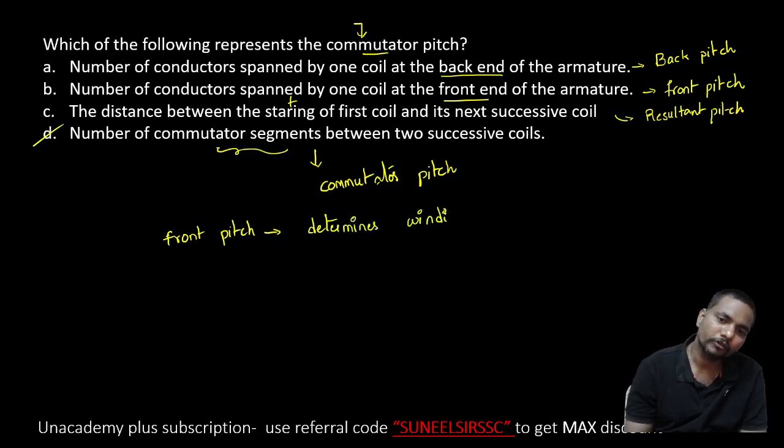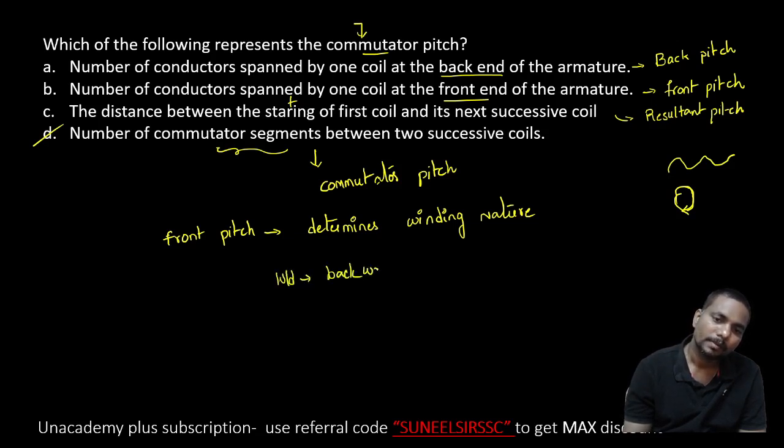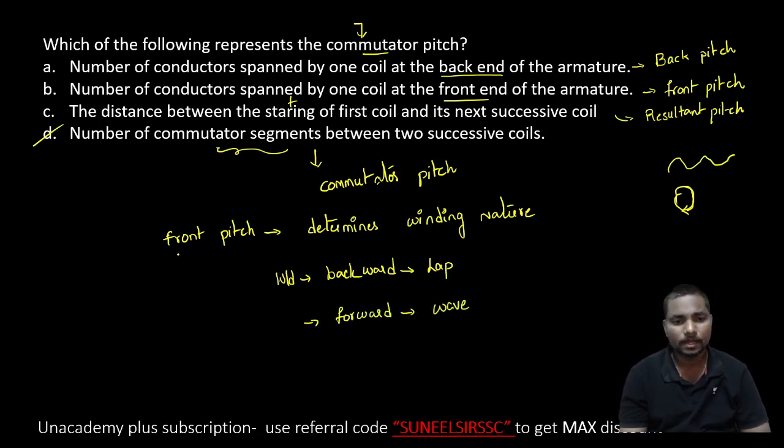If you see the front side, then you can get the idea whether the winding is in a forward manner or in a loop manner. Loop manner means it is coming in the backward direction. So if the winding nature is backward, then you can say that is lap. If only forward, you can say that is wave winding. So like that you can get the idea whether it is a lap or wave winding by using the front pitch.